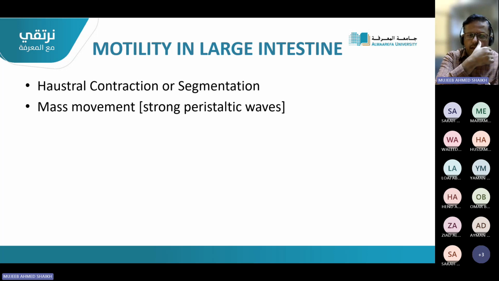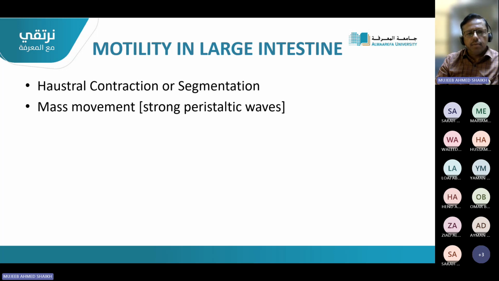Opposite to that, in the large intestine, there is a mass movement. There is a strong peristaltic wave, which starts at one point and throws the content from one area till the rectum. This is the main difference between the large and small intestine.